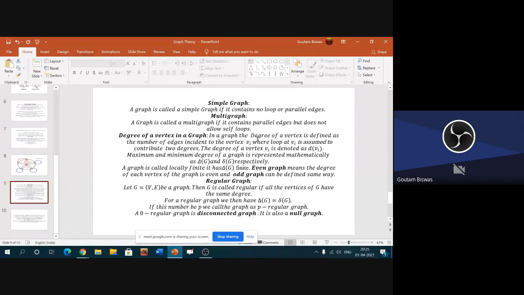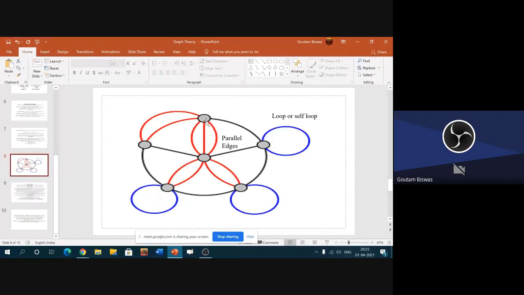In a graph, the degree of a vertex is defined as the number of edges incident to the vertex Vi. Suppose this one is Vi. Now, how many edges have fallen on it? 1, 2, 3, 4, 5, 6. So D of Vi is 6. Understood?